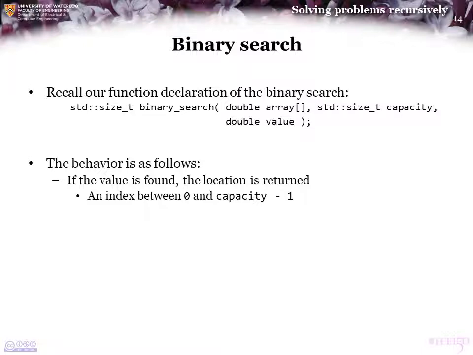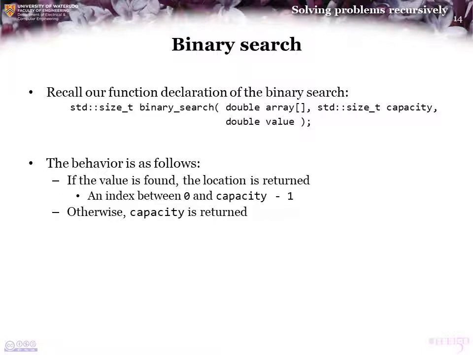So this is going to be an index between 0 and capacity -1. If the value is not found in the array, then capacity is returned.